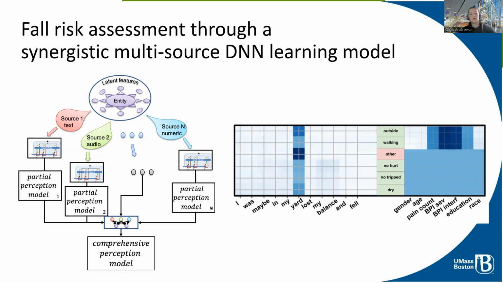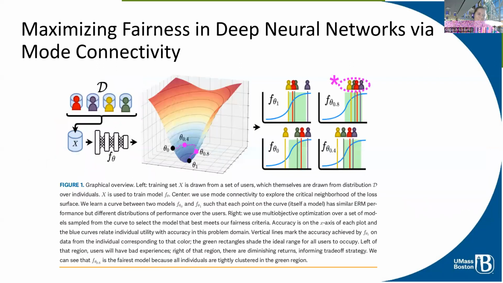What we were trying to do was utilize the complementarity of these multiple sources of data to reach a consensus and see what new features we can identify which have a major impact on falls in the older adult population.